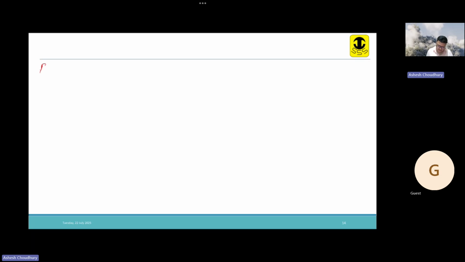Now for unreinforced soil, there is no contribution of the reinforcement. In that case, for unreinforced soil, what is my sigma 1? It is sigma 3 into Kp, right?